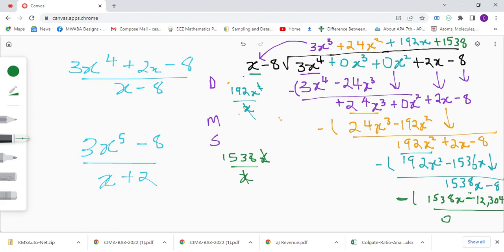So it's negative 8 plus 12,304, and we get 12,296. So that is our remainder.